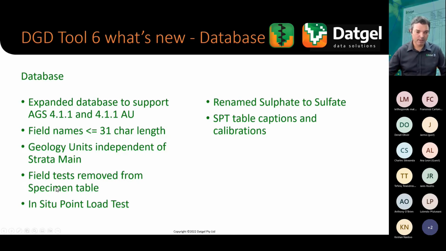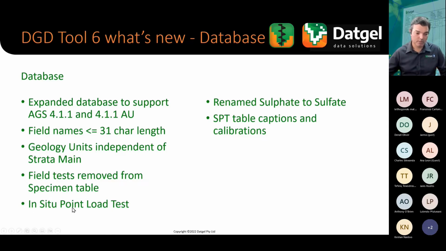The other improvement is we had some things that could be entered on the bottom half of the sample table, called the specimen table, like pocket penetrometer and hand vane, and it was a little confusing. So we've removed those fields, and you're meant to put it either in the in situ table if you did it in the field, or the lab table if you did it in the lab.